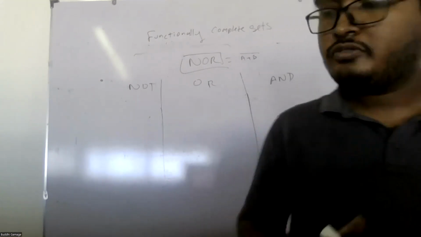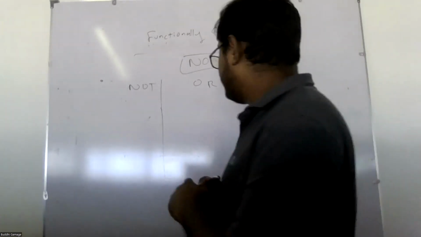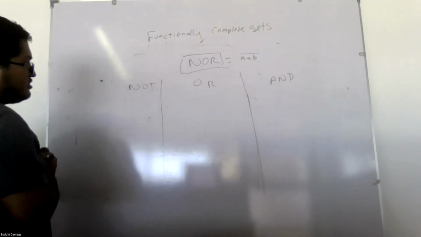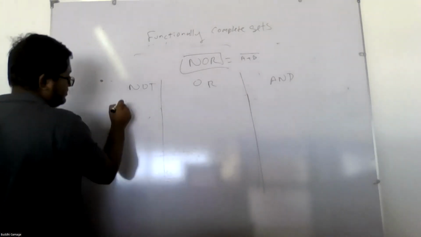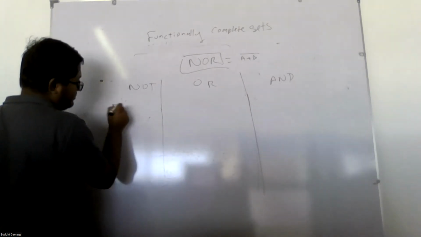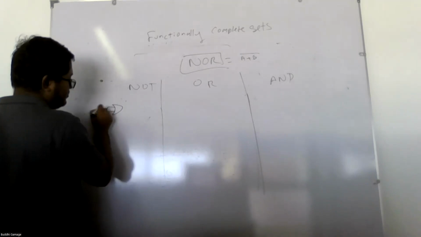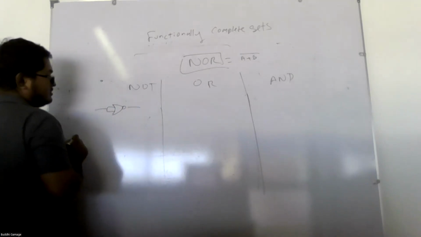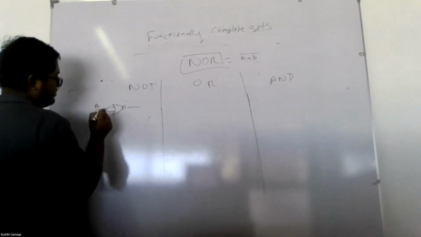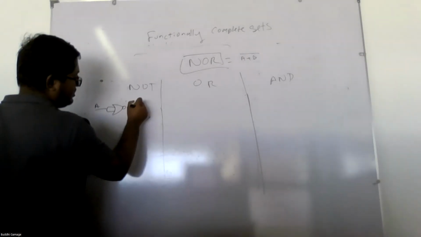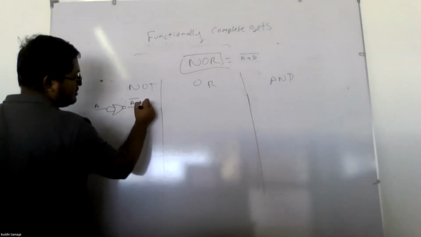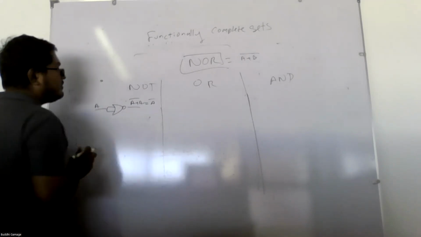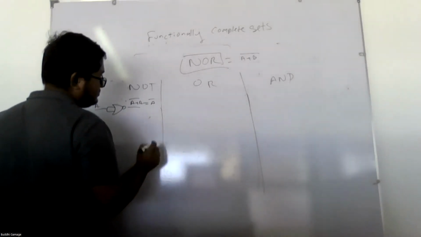Yeah. For the time being, I think you can derive these ones. So it is the same as the previous. So this will be not. That means A NOR A gives A bar. So we know A plus A is A. Okay.